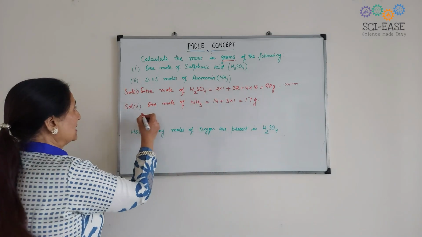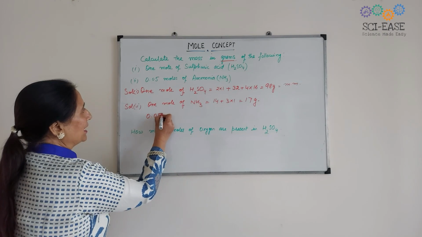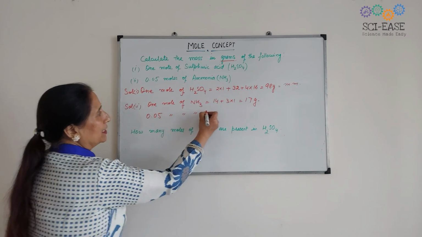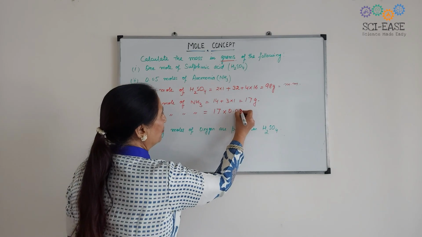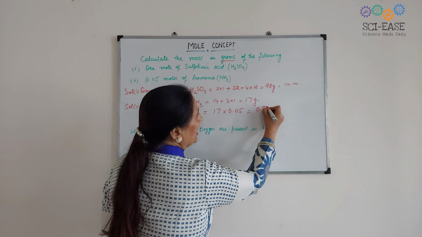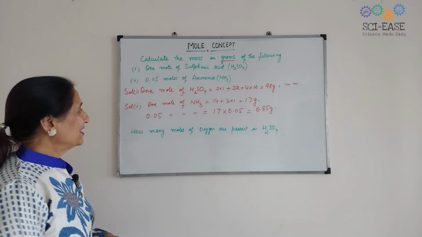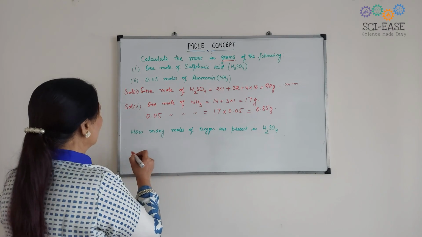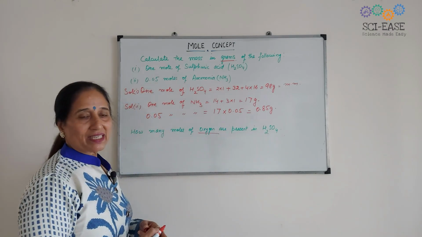And 0.05 moles of ammonia will be equal to 17 into 0.05. This will come out to be 0.85 grams.